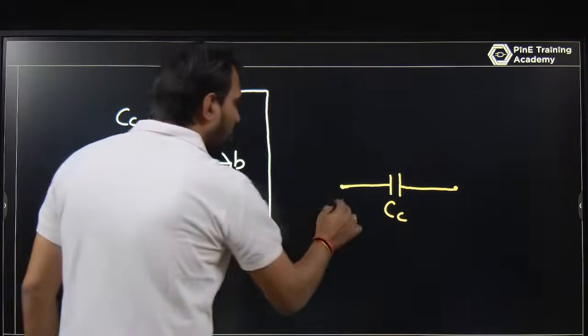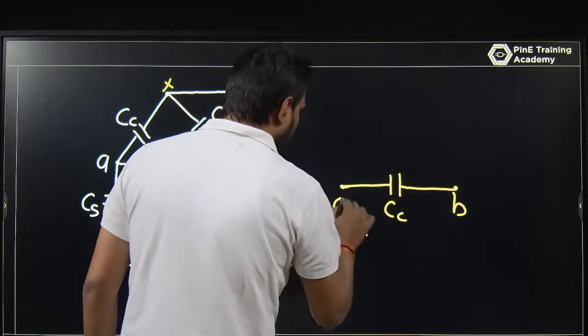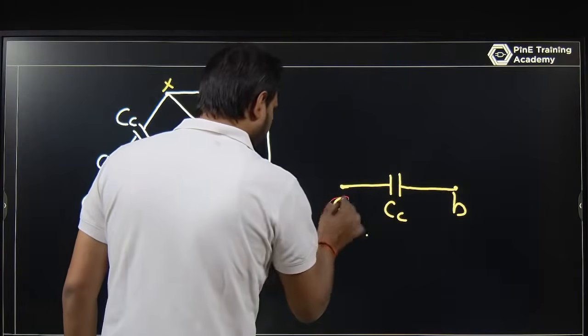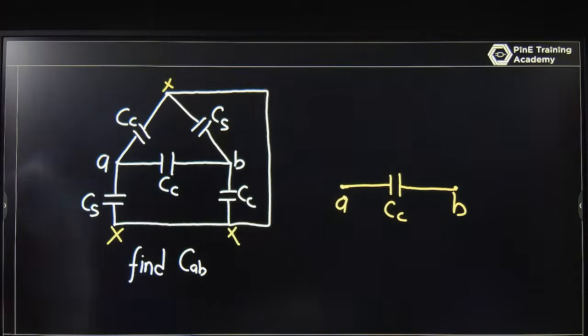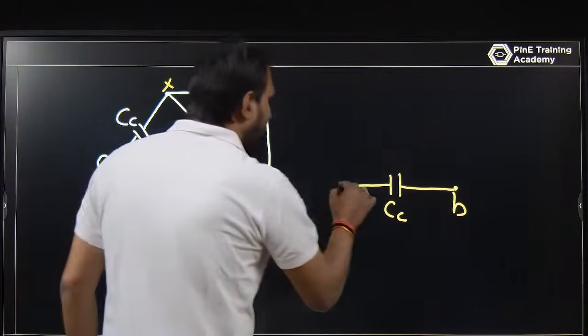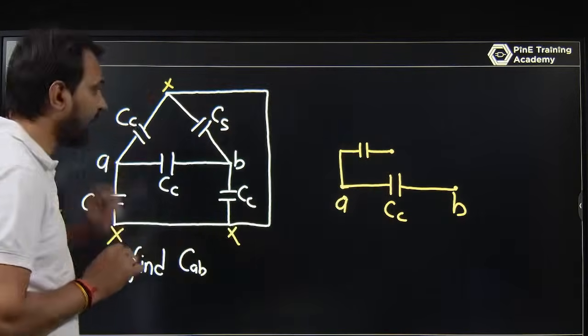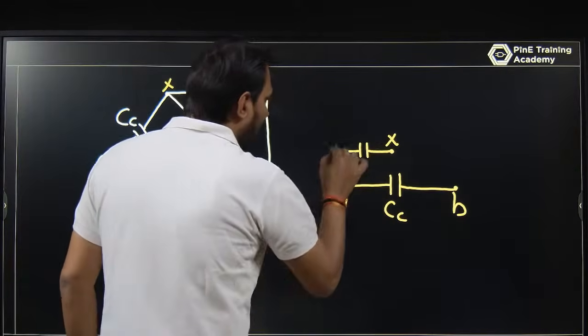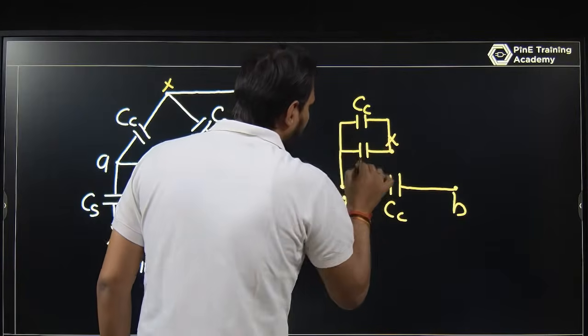In between A to X, let this be X, you have two capacitors, one is Cc and one is Cs.